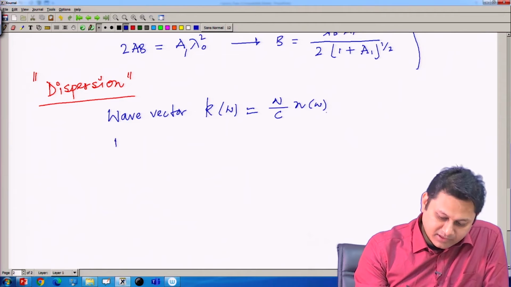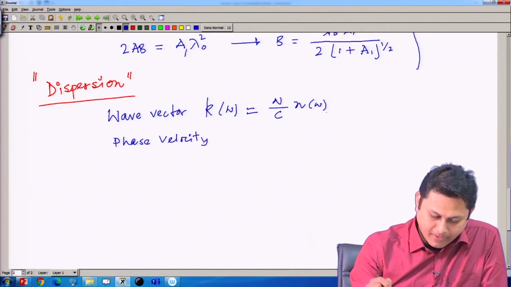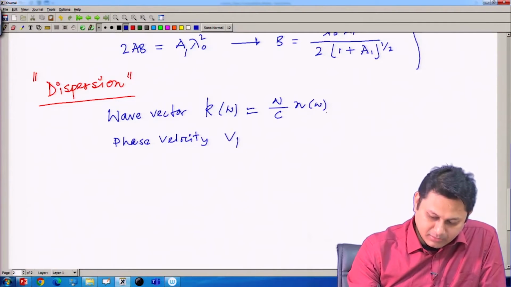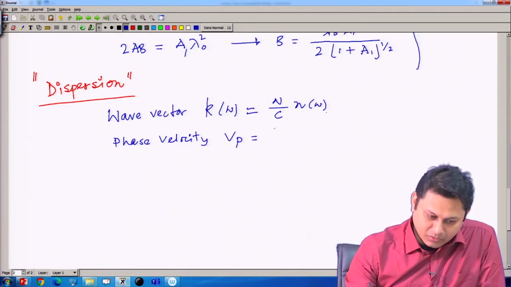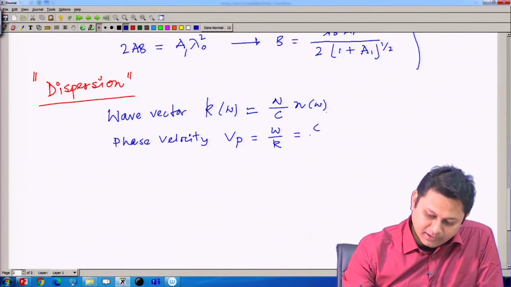Now, what is phase velocity? This is Vp is equal to omega by k, and omega by k is nothing but c divided by n omega.